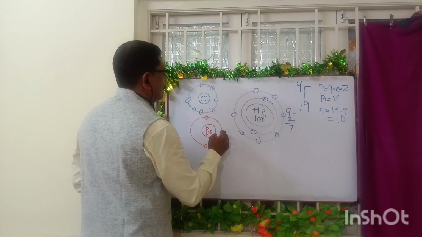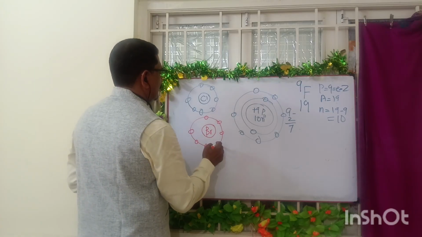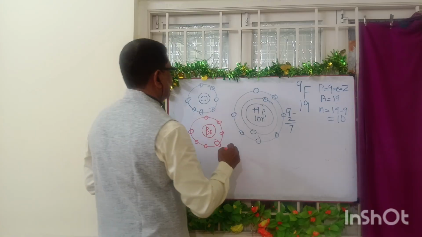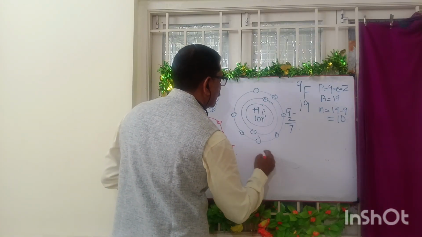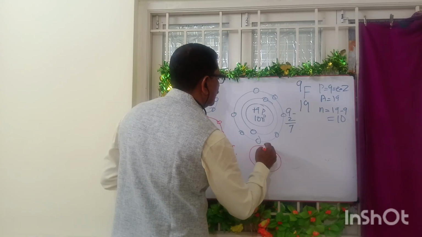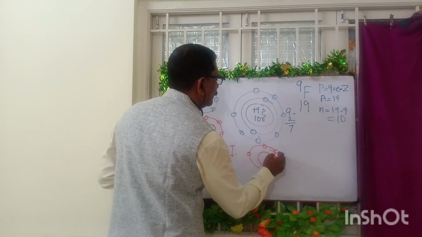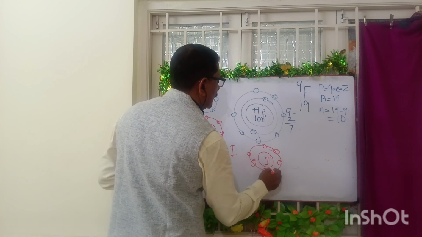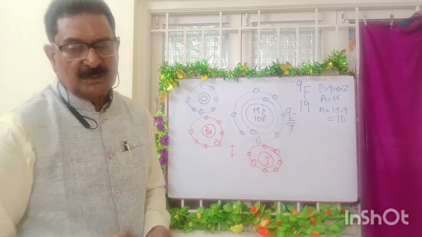Outermost contains 1, 2, 3, 4, 5, 6 and 7. Iodine. Outermost orbit contains 1, 2, 3, 4, 5, 6 and 7. So they are placed in the seventh group.